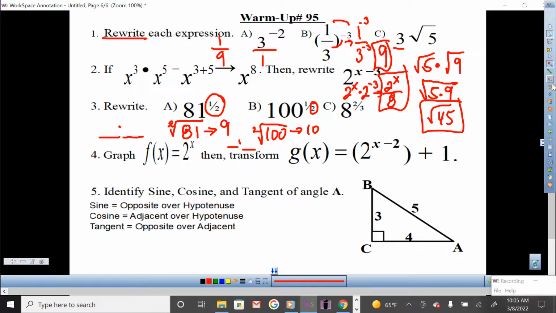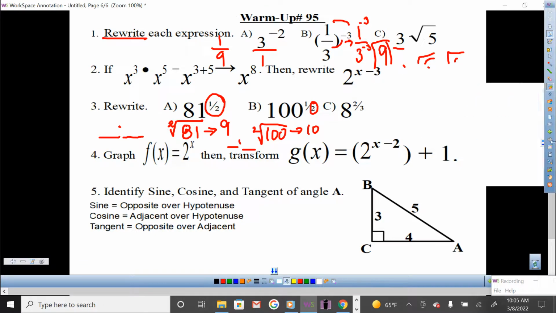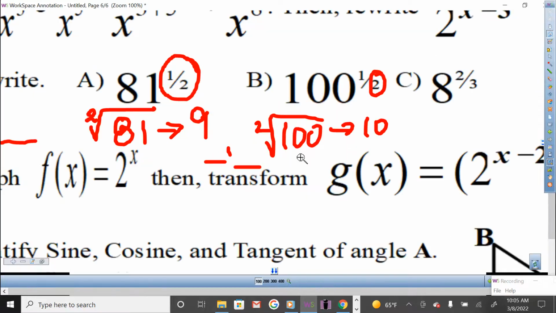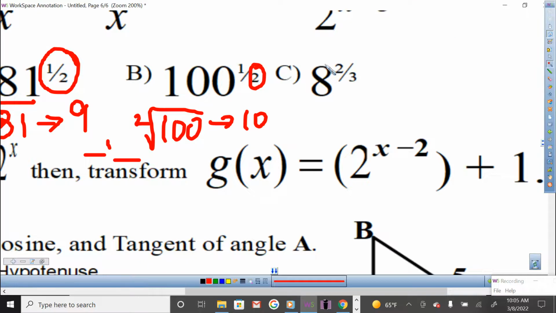Okay. All right, but that leaves us with a little dilemma with number 3C. So let me erase this over here. Let me make some space. And let me zoom in. So if you notice, there is no 1 on the numerator, right?